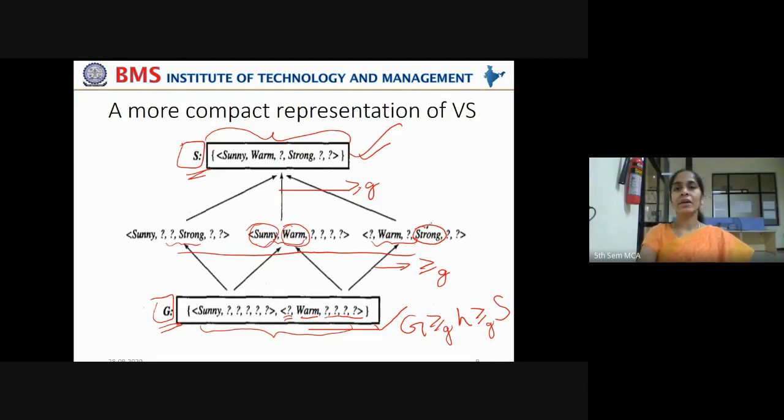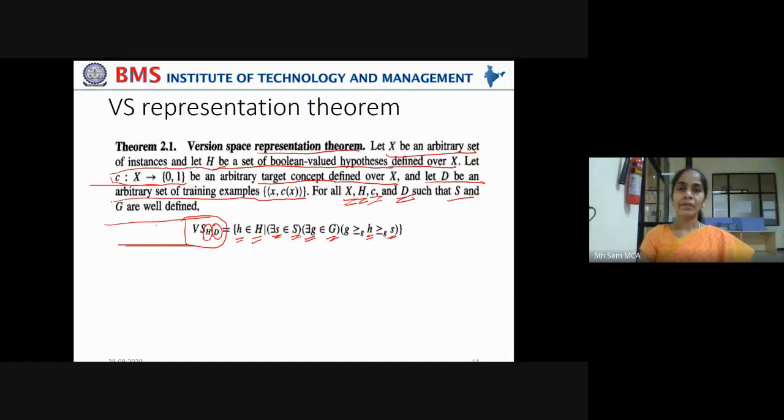Totally 6 hypotheses you have. But in the version space you will have only G and S. Meaning it will be reduced to 3 hypotheses from 6 hypotheses. That is called the version space. It will not have all the hypotheses, but you will have the boundary hypotheses for the general hypothesis and the specific hypothesis.